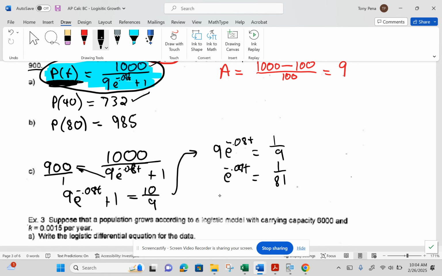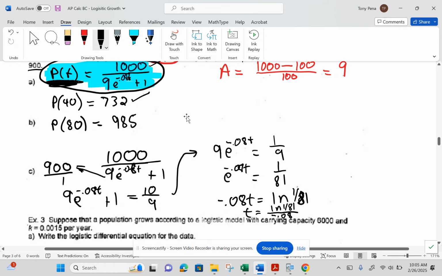Use your natural log to get rid of the e. So then we get the natural log of 1 over 81. Then the final answer should be the natural log of 1 over 81 divided by negative 0.08. You can see all that.